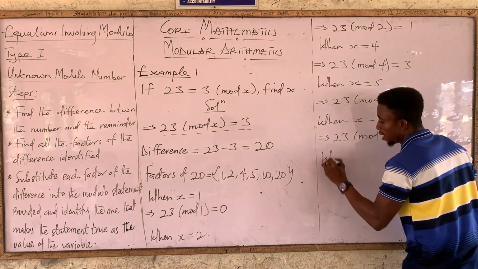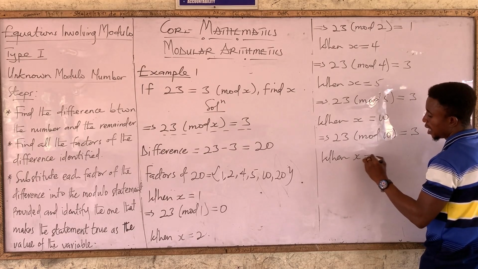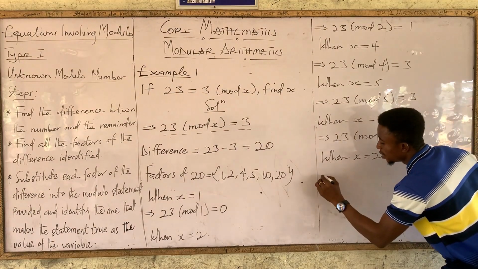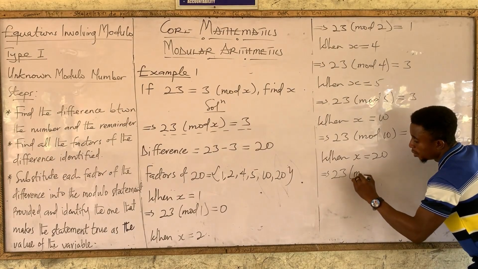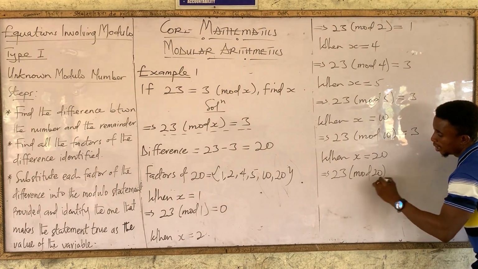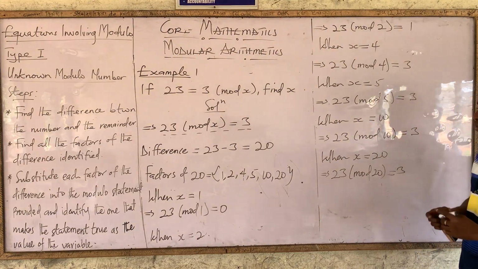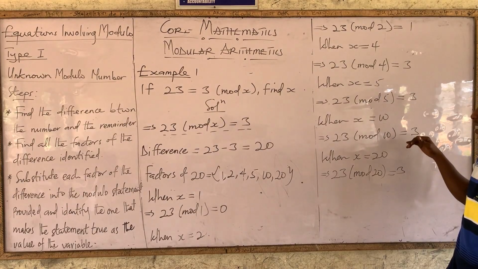Then when x is equal to the last one, 20, this implies that 23 mod 20 is equal to 3. So now we check which of the values of x make the statement true.